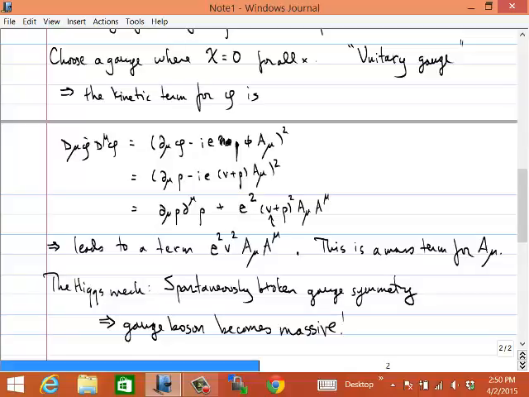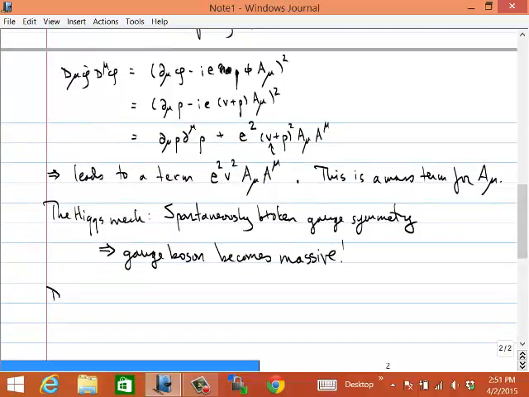Now, in thinking about this, it's a little helpful to count the degrees of freedom and to make sure we understand exactly what's going on here. So if you think about the unbroken theory, if the mass squared is positive and you're just expanding around the phi equals 0 vacuum state, then you have 4 degrees of freedom. Phi is a complex scalar field, and we study the small fluctuations of phi and quantize them.